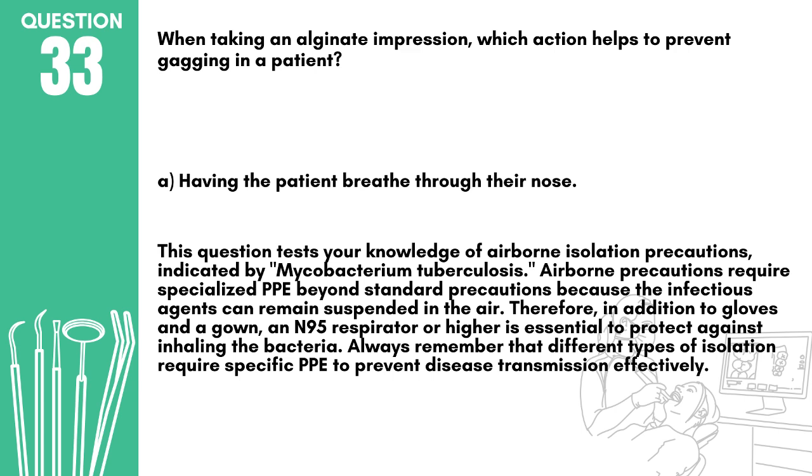Tilting the head forward, not back, can also help, and using excessive material or frequent swallowing would likely worsen the gag reflex. For instance, before inserting the tray, you might tell the patient, "Just focus on breathing slowly through your nose, and you'll do great." A helpful tip is that distraction and control are often key to managing patient anxiety during procedures.